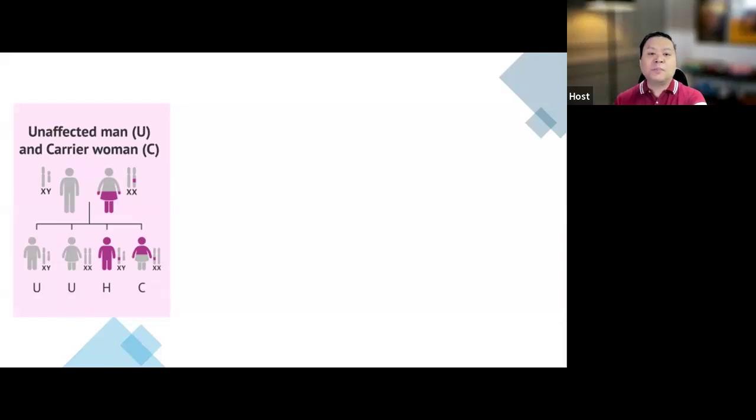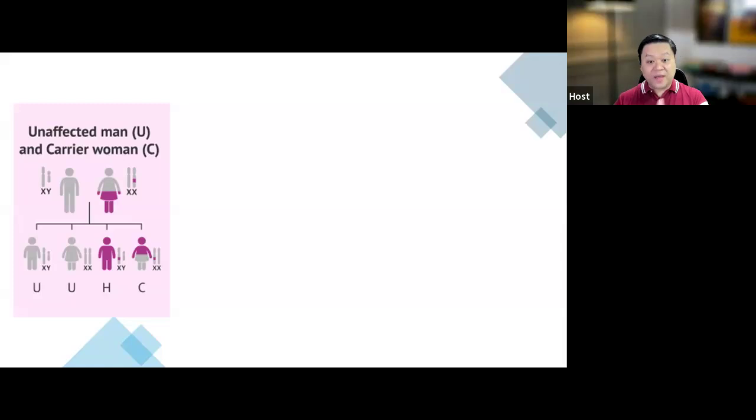However, there are some possibilities that all 4 children could inherit the normal X chromosome from their mother and the normal X chromosome from their father, meaning none of them would get hemophilia. So that's another possibility. There's also the possibility that one or more sons could inherit the X chromosome with a hemophilia gene mutation from the mother and end up with hemophilia themselves.